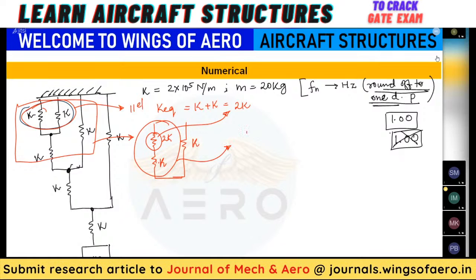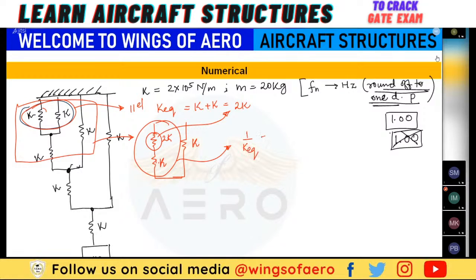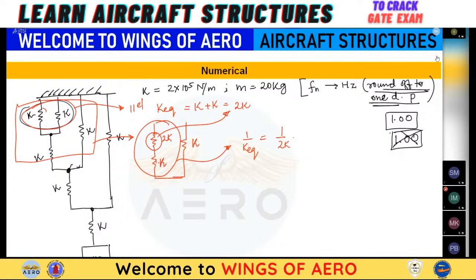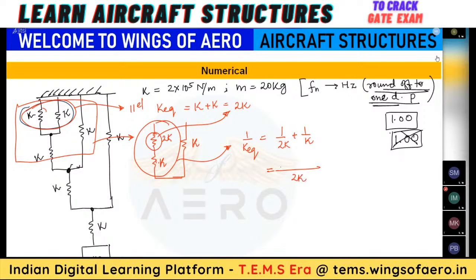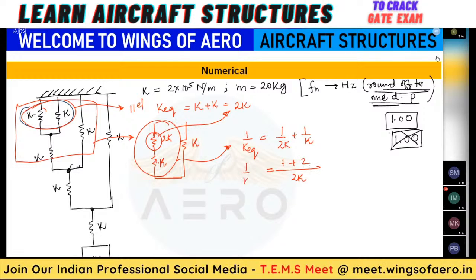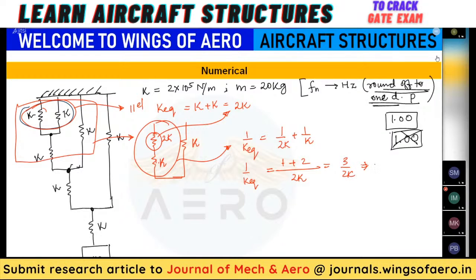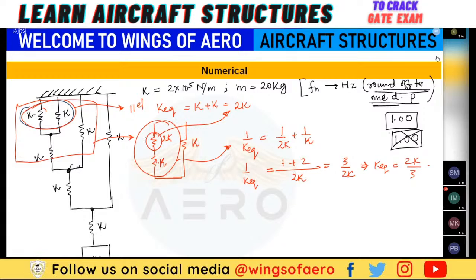To find out this equivalent, you have to use this formula: 1 by K equivalent equals 1 by 2K plus 1 by K. So you need 2K, that is 1 plus 2, you get 3 by 2K. To find K equivalent, you get 2K by 3.